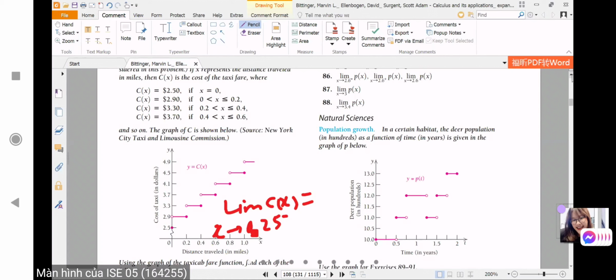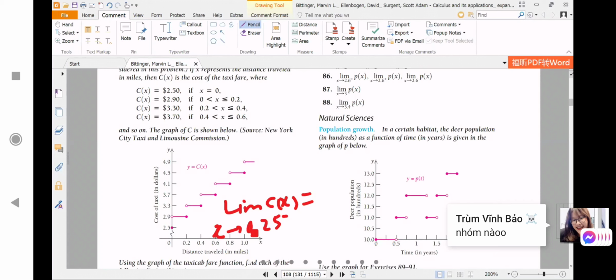because f(x) equals 2.90 if x is less than or equal to 0.2. In this case, 0.25.